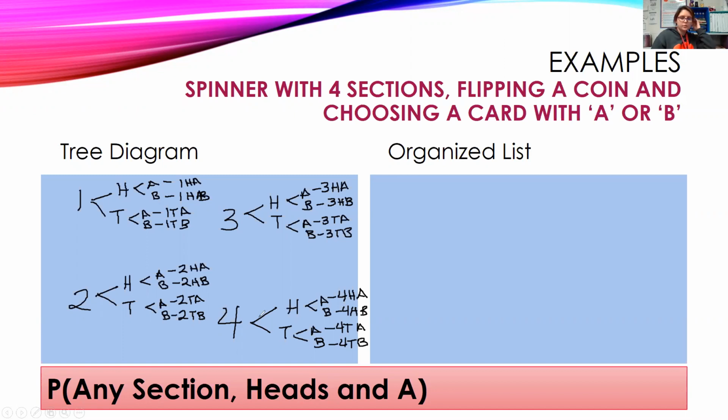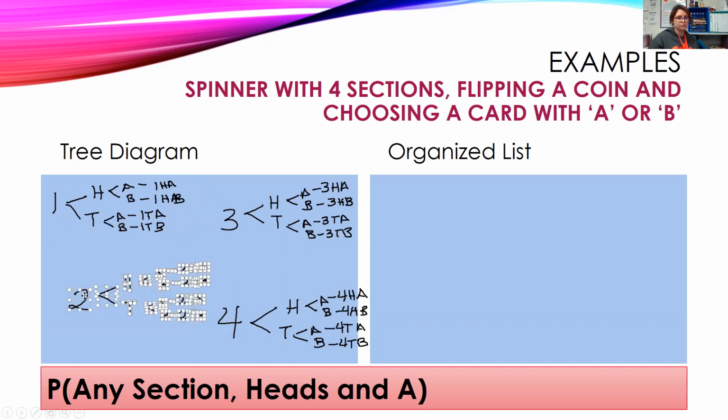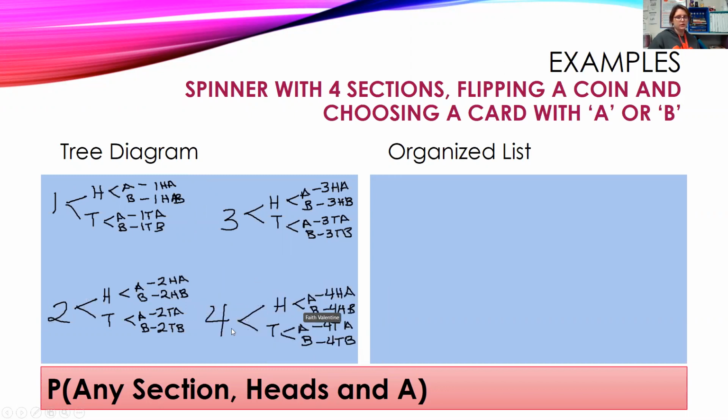Okay, so here are all of my tree diagrams for this set of 3 events. And I'm just going to organize this just a smidge. So as you can tell, there's a lot going on here, but we can easily see that we have 3 sets of branches. Now for my organized list, it would start out the same.